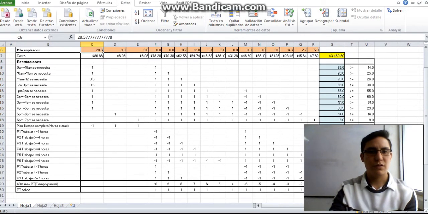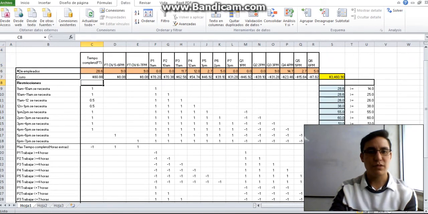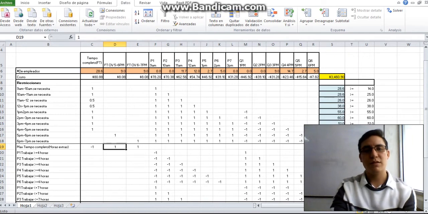Minus 1 full time, plus 1 overtime, full time, 1 overtime, full time. This is the first constraint. The same with the other constraints. Now I use the same function, SUMPRODUCT.